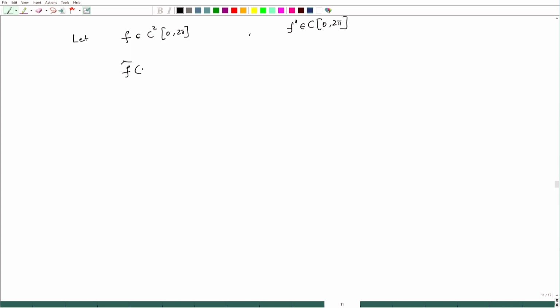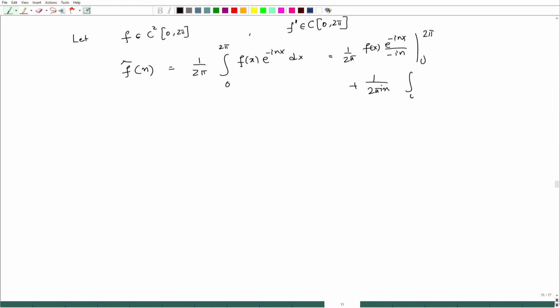integration by parts. Now f hat of n is 1 by 2 pi, integral 0 to 2 pi of f of x e to the power minus I n x dx, which in the first part will be f of x e to the power minus I n x by minus I n, n not equal to 0, from 0 to 2 pi, and then the other integral part will be 1 by 2 pi I n, integral 0 to 2 pi of f prime of x e to the power minus I n x dx.